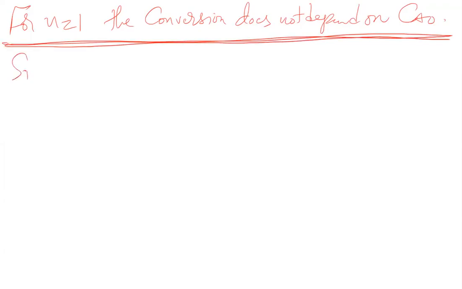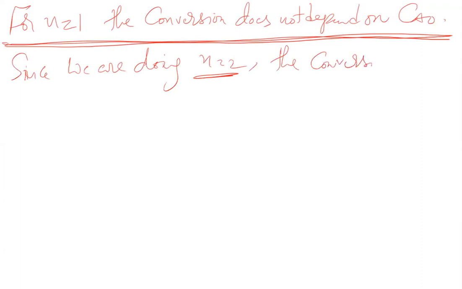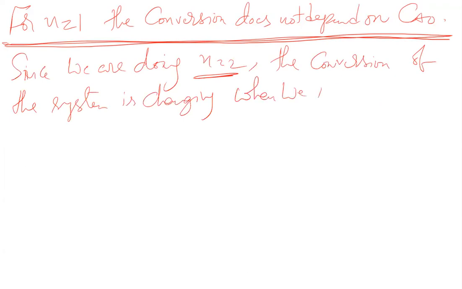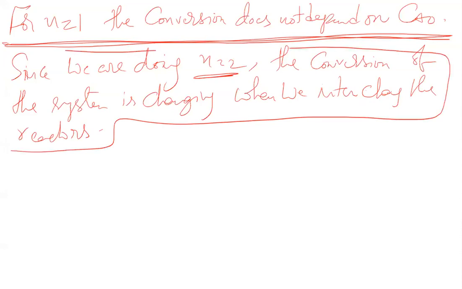Since we are doing n equal to 2, the conversion of the system is changing when we interchange the reactors. So this is the argument.